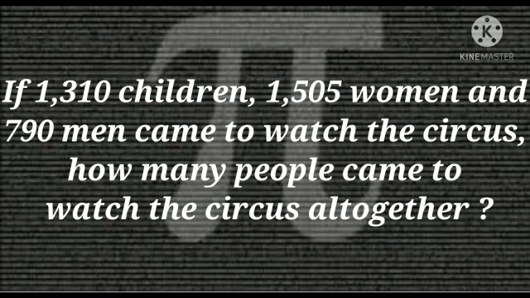If 1310 children, 1505 women and 790 men came to watch the circus, how many people came to watch the circus all together? So here first we will write given.